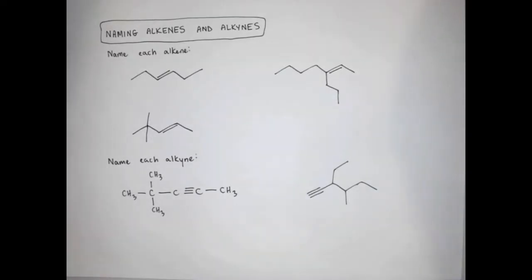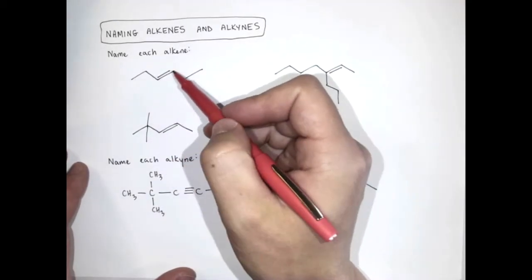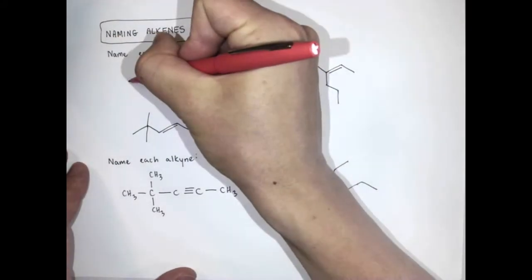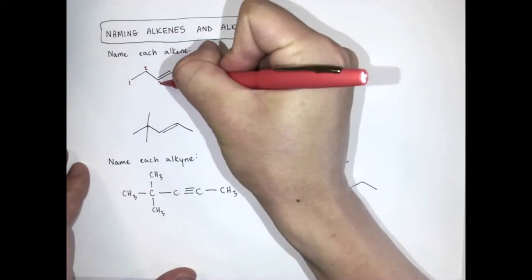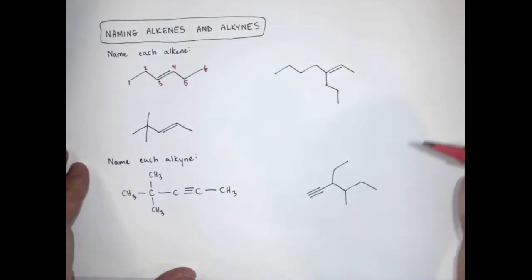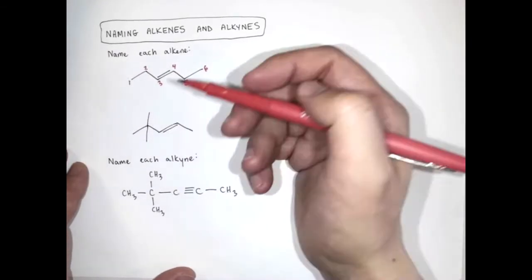So in a straight chain, it doesn't really matter because you just have the one chain. And what I've got here is a 6-carbon alkene. And you're going to see it doesn't really matter from what direction I start numbering, I'll get the same name. I have 6 carbons in this chain, and the double bond starts at carbon 3.